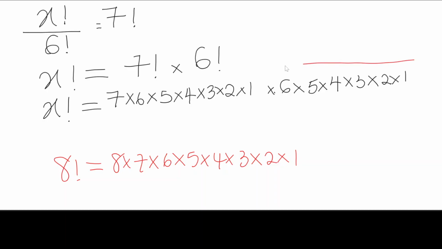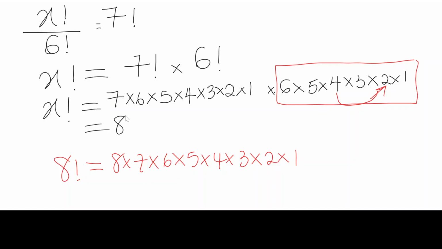Now, from what we have under 6 factorial here, it's easy to see that 4 multiplied by 2 would give us 8. So instead of having 4 times 2, I'm going to be combining them together to get 8, and multiplying it with what we have here.